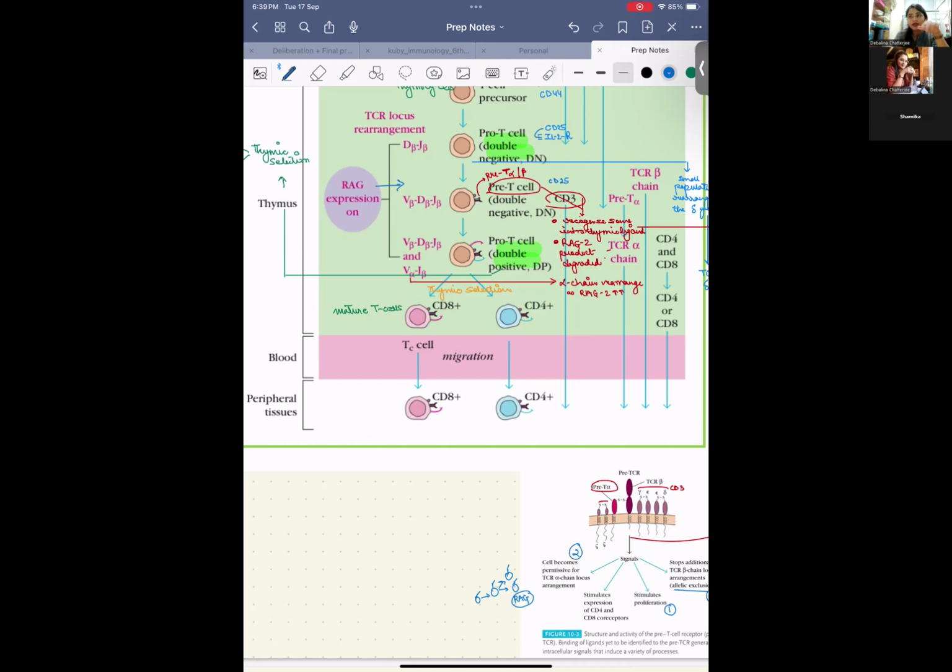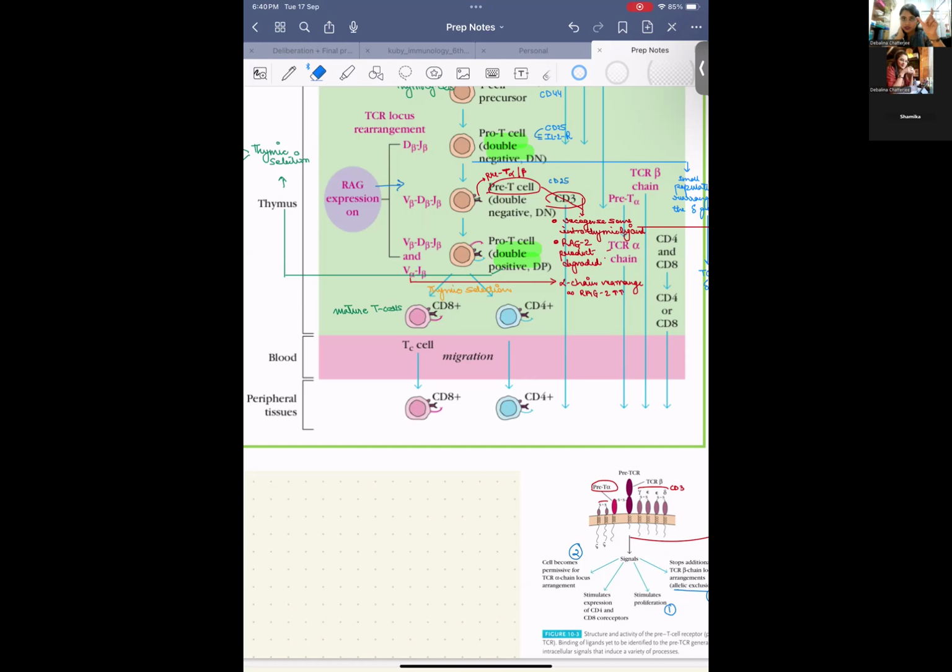But prior to the permission given to the alpha chain, this one pre-TCR cell has already divided into multiple cells of its same kind. Say if it started as one, now we have 10 such cells before the permission for alpha chain recombination could begin.